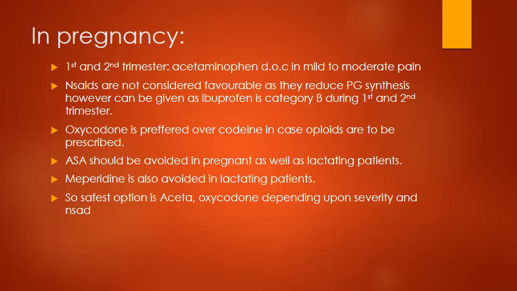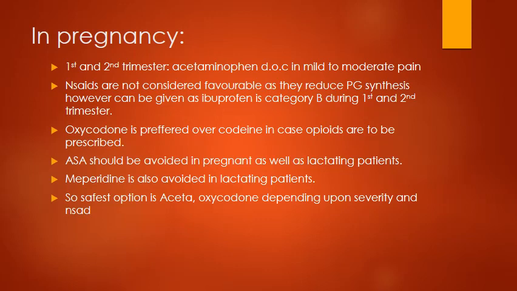Now let us discuss pregnancy. In the first and second trimester, acetaminophen is the drug of choice in mild to moderate pain. Even in the third trimester, acetaminophen is the drug of choice in mild to moderate pain. Now, NSAIDs are not considered favorable as they reduce prostaglandin synthesis.